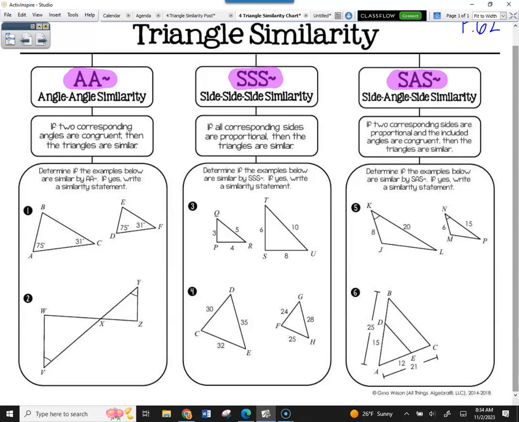Angle, as it sounds, you have 2 corresponding angles congruent to 2 other corresponding angles. Here are 2 possible ways for it to look. These are disjoint, meaning disconnected. I have 75 here, 75 there. I have 31, 31.